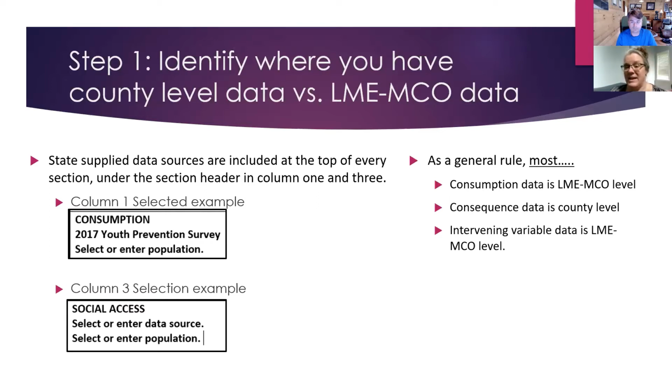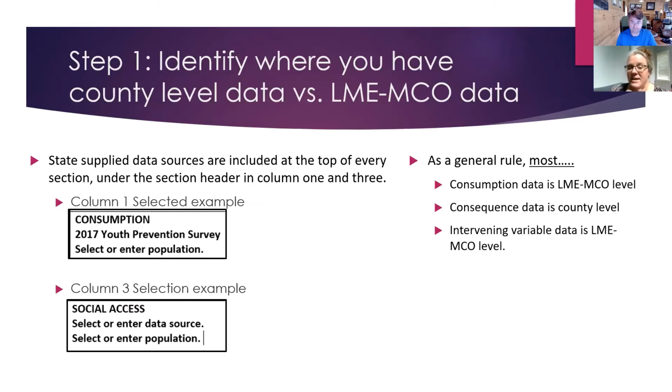Consequence data is primarily at the county level. That is things like emergency department visits, deaths, alcohol crash fatalities, those types of things that are the bad things that are happening, that are also often the things that can help our communities rally to a problem.